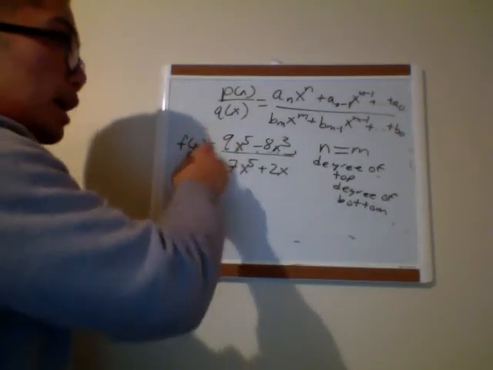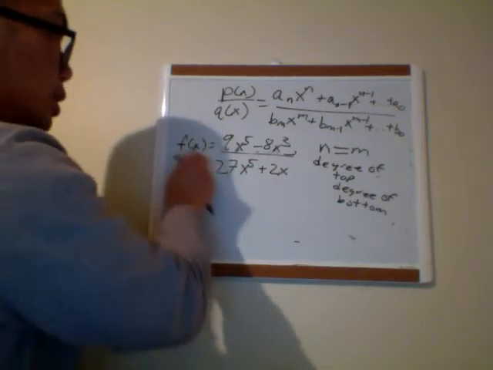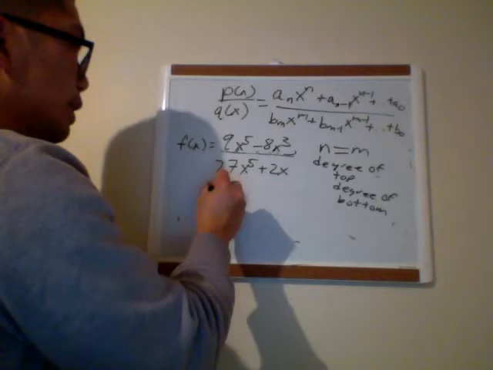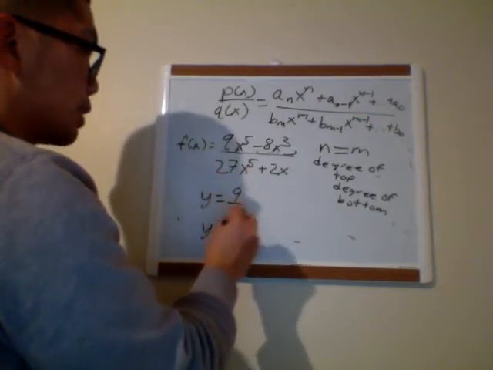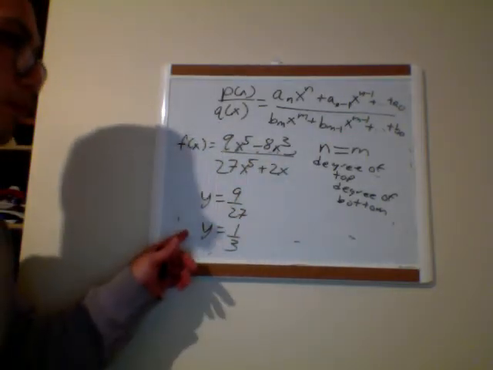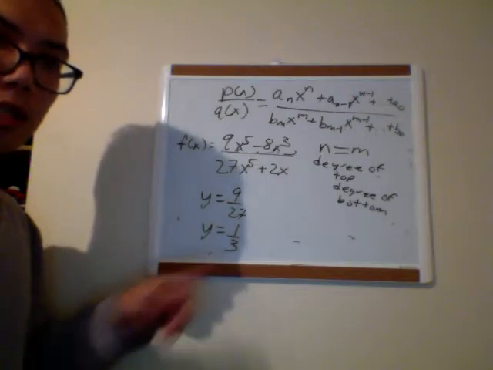So my asymptote here will just be the line y is equal to 9 over 27, which simplifies to y is equal to 1/3. Remember, a horizontal asymptote is a horizontal line, so it needs the form y is equal to 1/3.